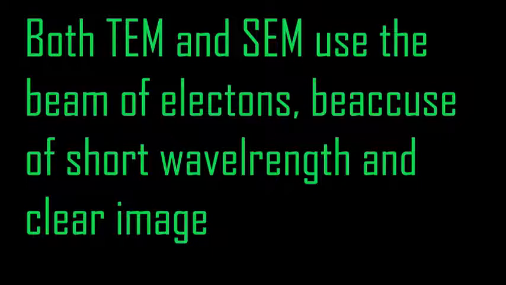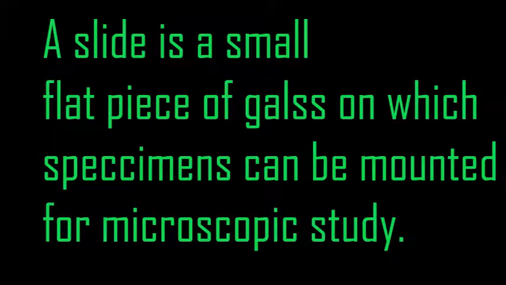Another point: how to prepare a permanent slide. Firstly, what is a slide? A slide is a small flat piece of glass on which specimens can be mounted for microscopic study.